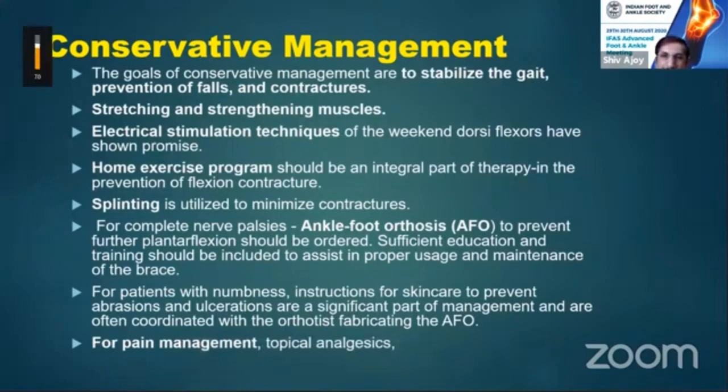Splinting is also advisable. For complete nerve palsy cases, an ankle foot orthosis to prevent further plantar flexion is useful. Sufficient education and training of the patient should be included in the conservative management. For pain management, topical analgesics and other modalities are included.